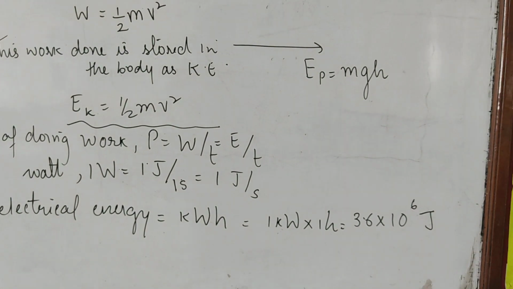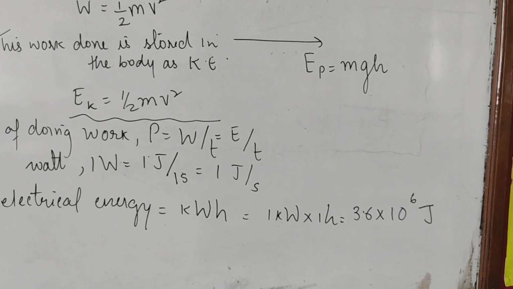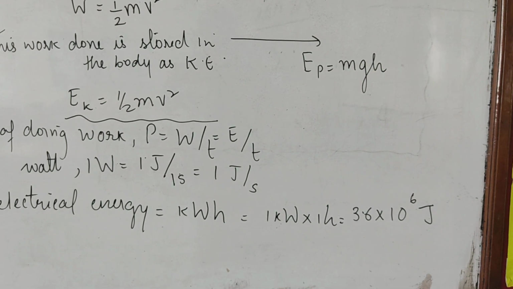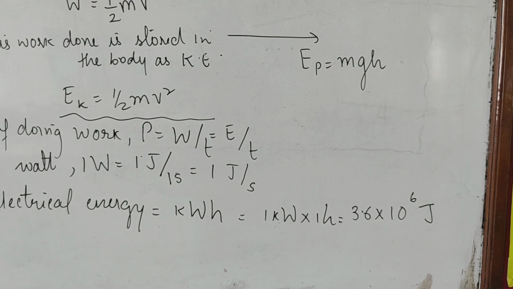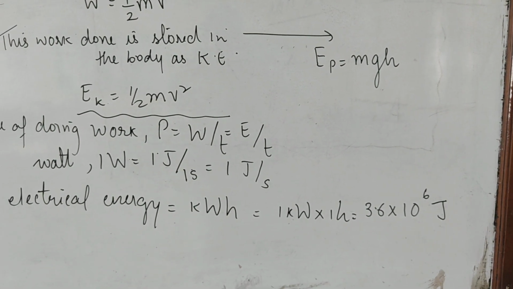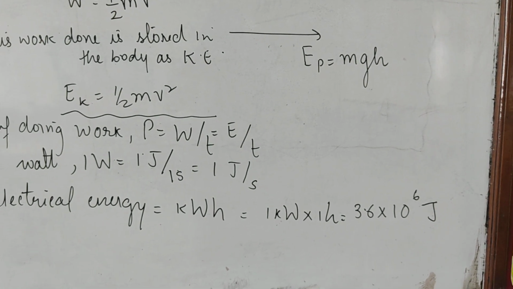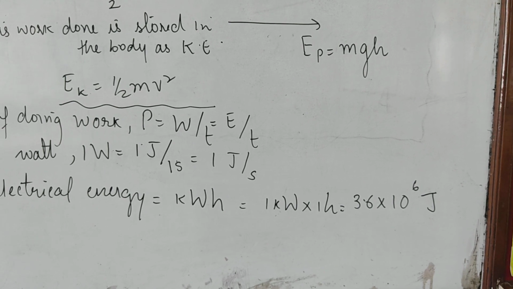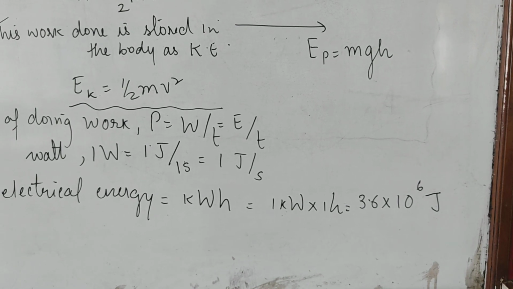By writing P is equal to E upon T, E is P into T. So here P is 1 kilowatt, time is 1 hour. We can show 1 kilowatt hour is equal to 3.6 into 10 raised to 6 joules.